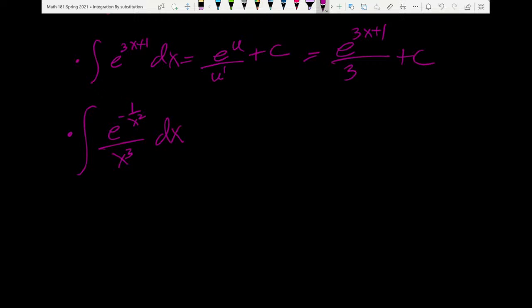That's why you can't just do this u prime, because it's a little bit tricky. So let u be -1 over x squared. Du in this case will become 2 x to the -3rd dx. Oh, forgot the 2.